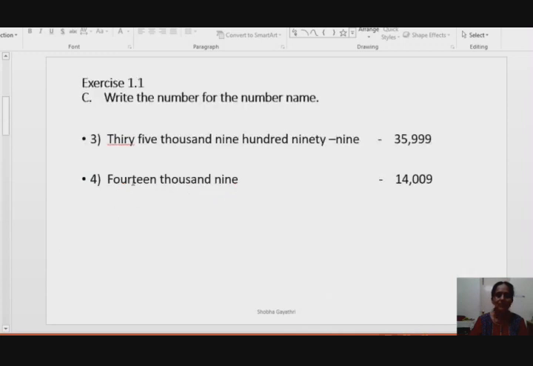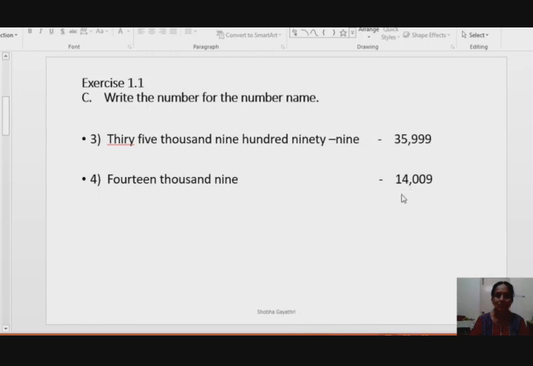So we will take some sums from exercise 1-1. First lesson, first exercise: write the number for the number name. Here the name is given, 35,000. Write 35,000, period over, insert comma, then 999. Write 999. It's very easy to write the number from the number name. 14,009: 14,000, see here, write 14.